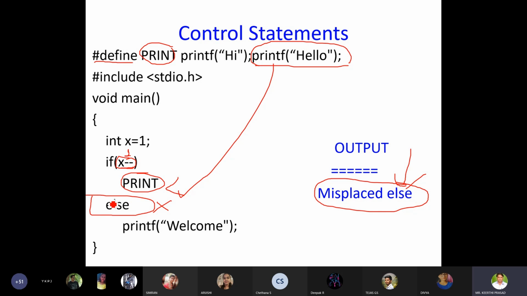What is the result you are expecting? Hello, sir. See, after this condition, we have two printf statements: printf hello, printf welcome. We don't have this.